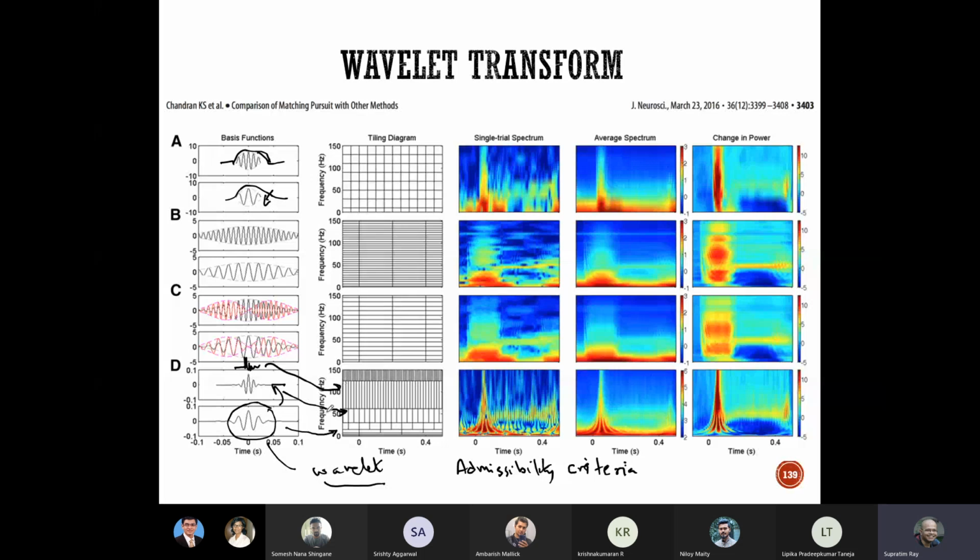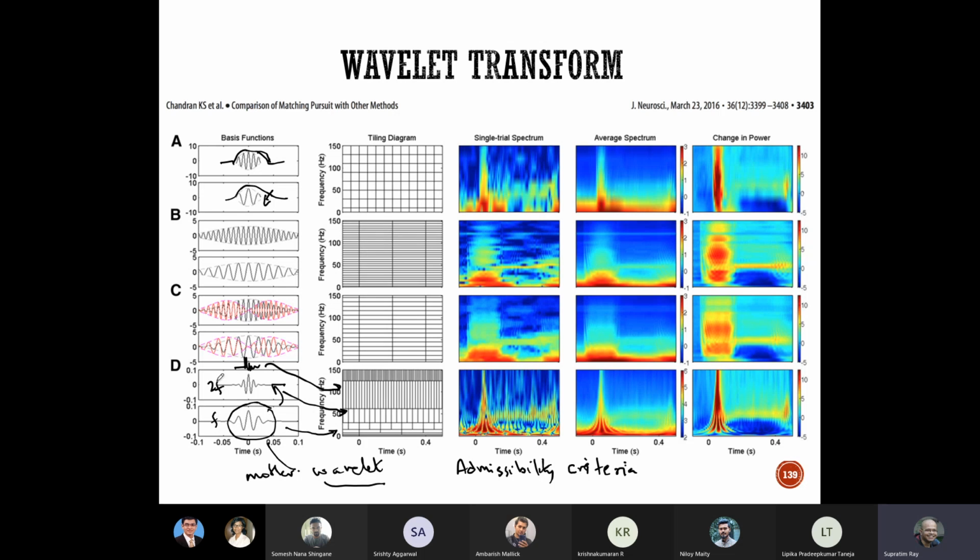Okay. So a wavelet transform means you take one function, which you call the mother wavelet, and you're taking inner products with just the scaled versions of the same wavelet. You improve the time resolution. So note that if you squish it, its frequency increases. This thing will have twice the frequency as this.